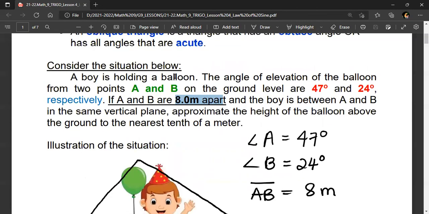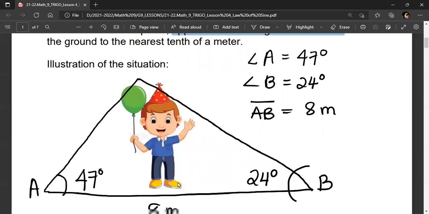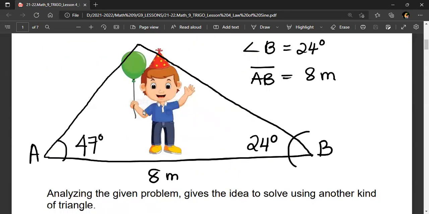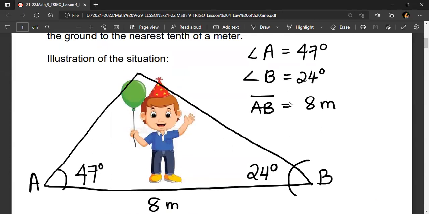Now, our given situation asks us to approximate the height of the balloon that the boy is holding. If we list our givens, we have two angles, A and B, plus the distance, segment AB, which is equal to 8 meters.